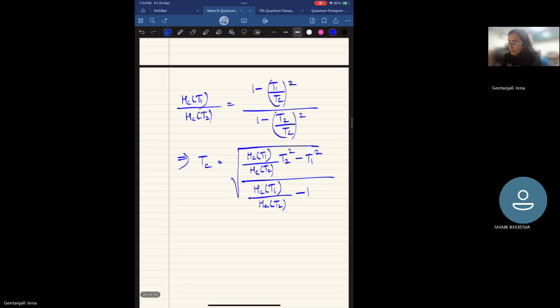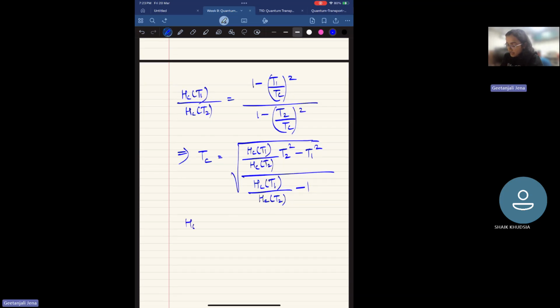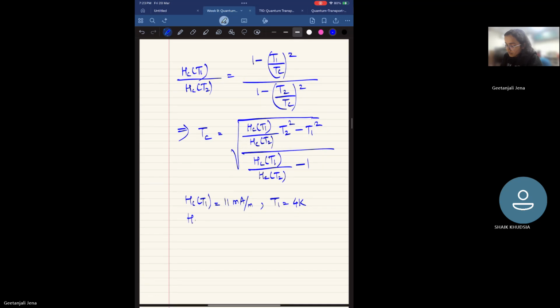We know Hc(T1) is given as 11 milliamp per meter, T1 is 4 Kelvin. Hc(T2) is 5.5 milliamp per meter, T2 is 8 Kelvin.